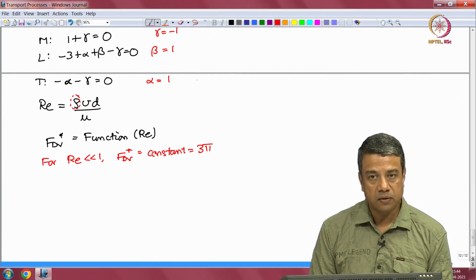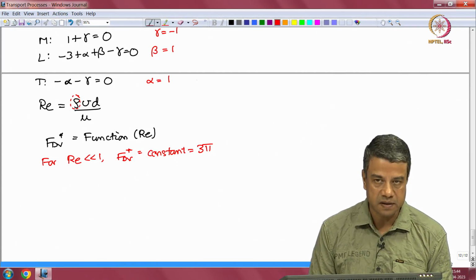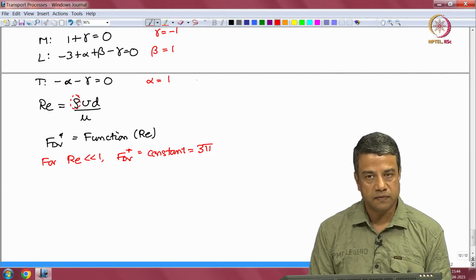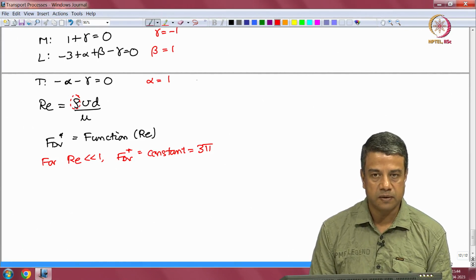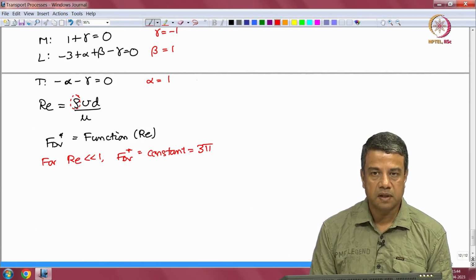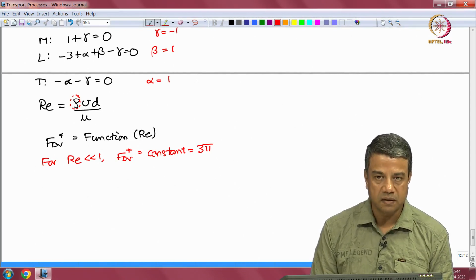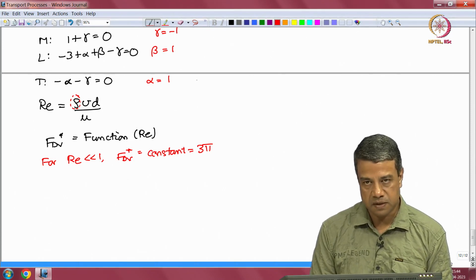At the beginning I told you that I will scale the drag force by the viscosity. We had a choice of 2, density and viscosity, and we chose to scale it by viscosity. That is appropriate when effects of density or effects of inertia are small, and inertia is small when the Reynolds number is small.